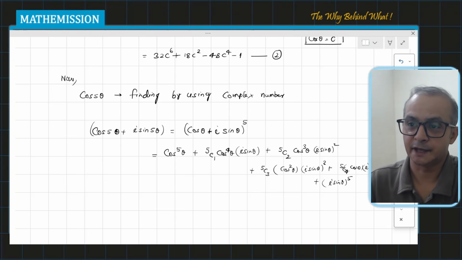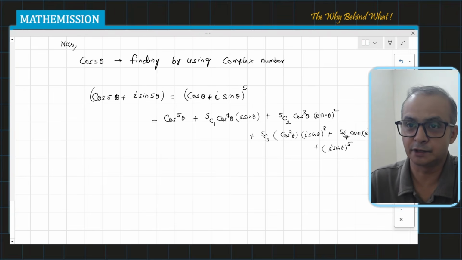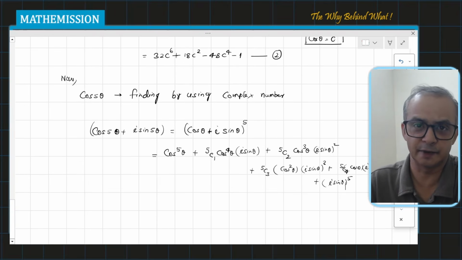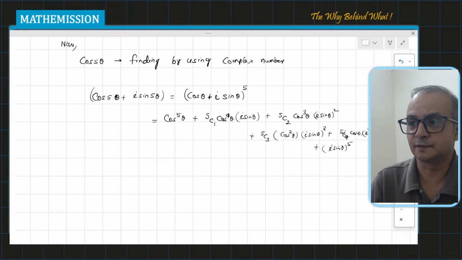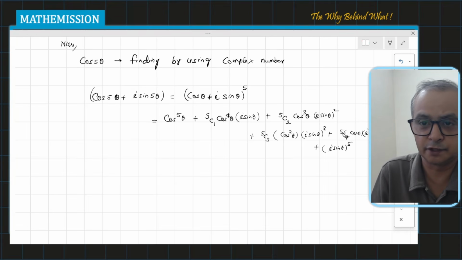So these are the terms when I expand it, but notice I need only the terms independent of iota. What are the terms independent of iota? You can see this term is there, then this term also is independent of iota because there is iota squared, and here also this term will become independent of iota. So in all these 6 terms, I have 3 terms independent of iota. What are those?